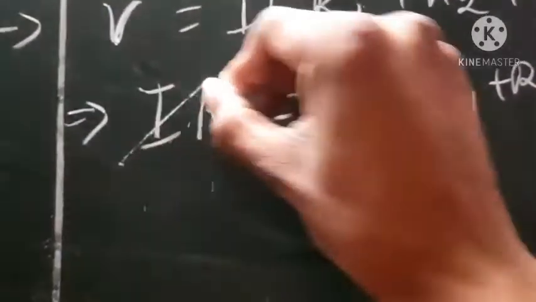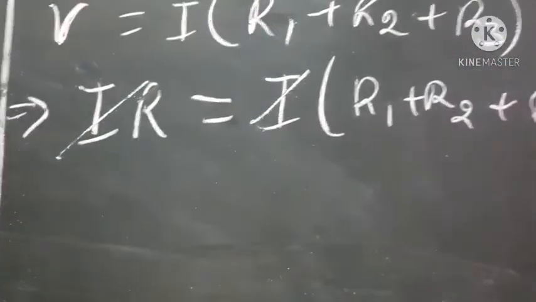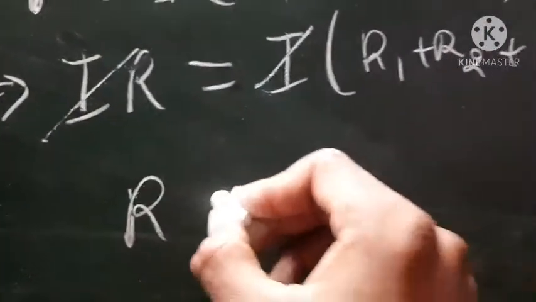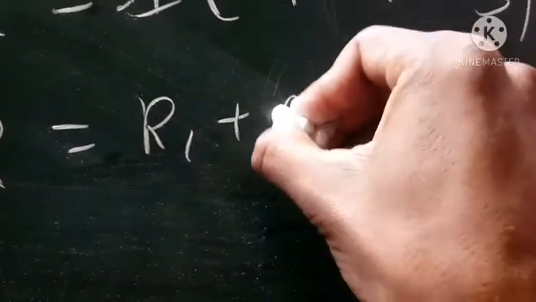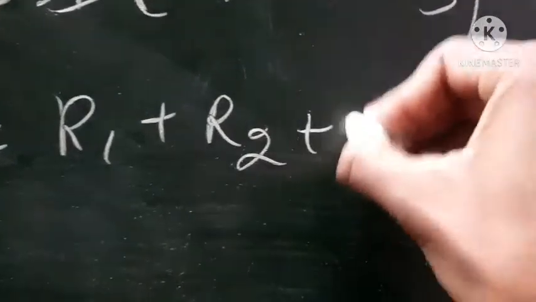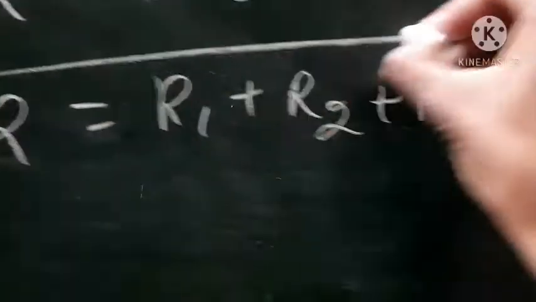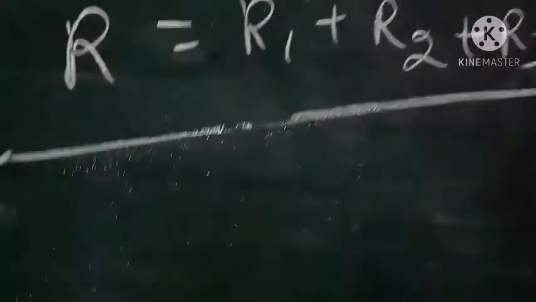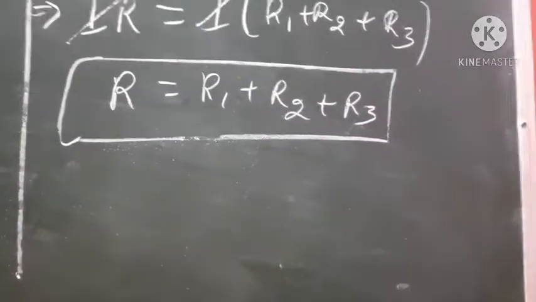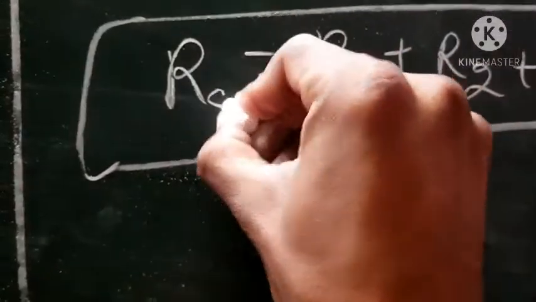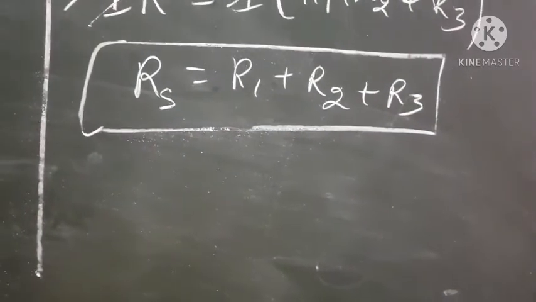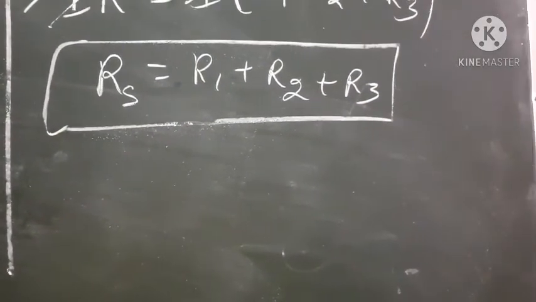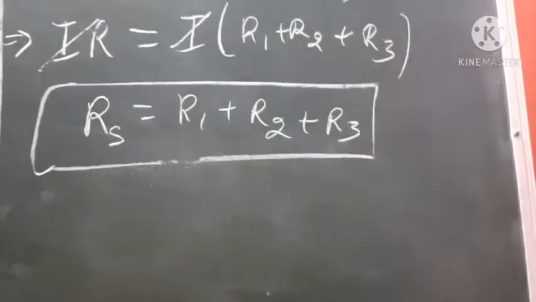Now this I will cancel out this I. So now R, that means the resistance, finally is equal to R1 plus R2 plus R3. This is the total resistance in series. We can say R as resistance in series is equal to R1 plus R2 plus R3.